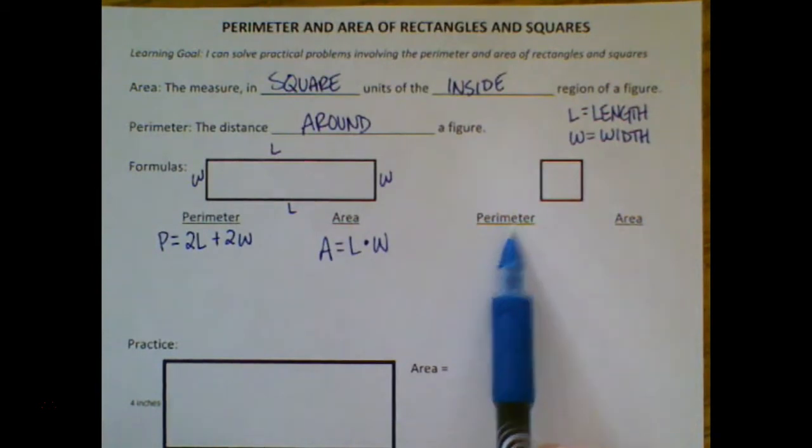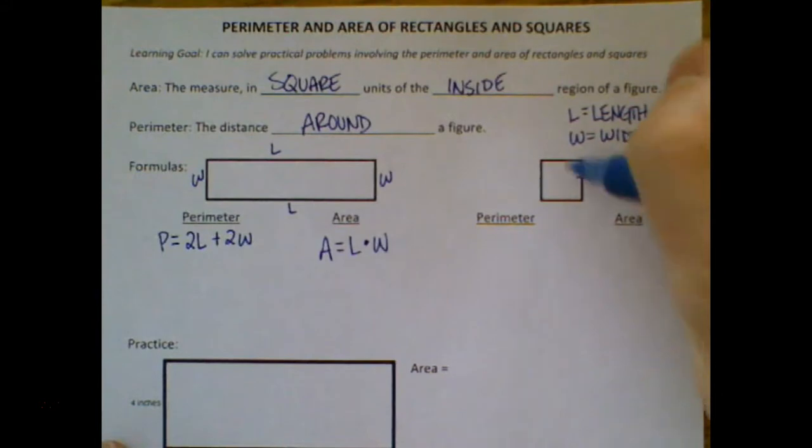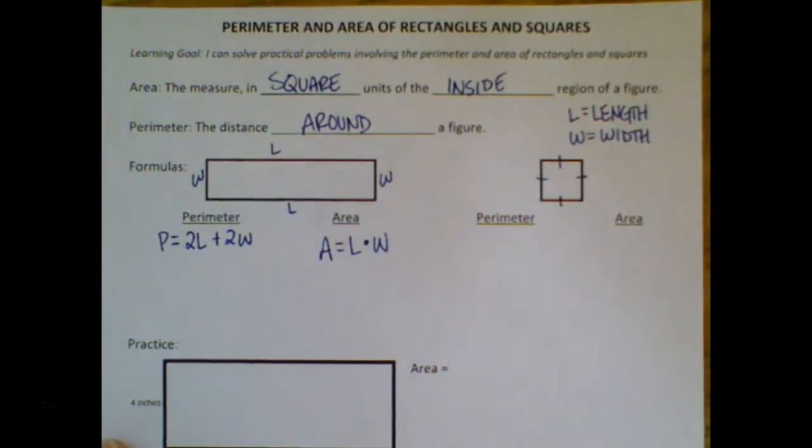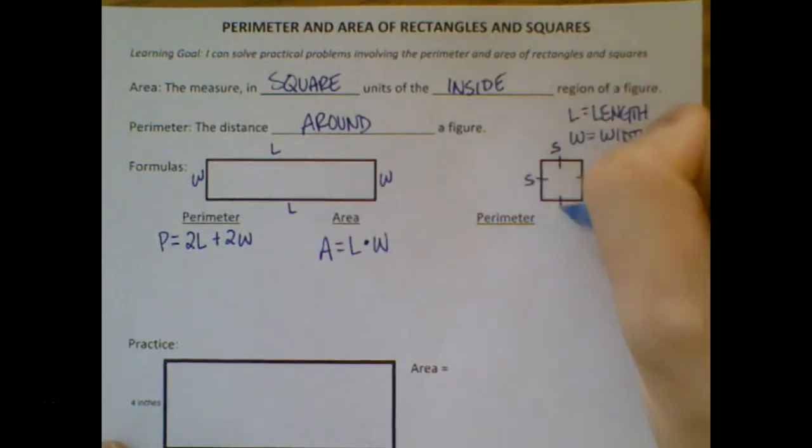All right, square is ever so slightly different. The reason is we know with squares, all 4 sides have the same measurement. So that changes things up for us a little bit. Because they all have the same exact measurement, we can just call each one a side. So instead of a length or a width, we just call it a side because all of the sides are the same.